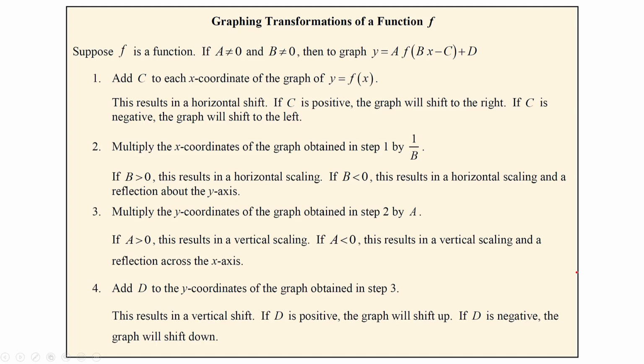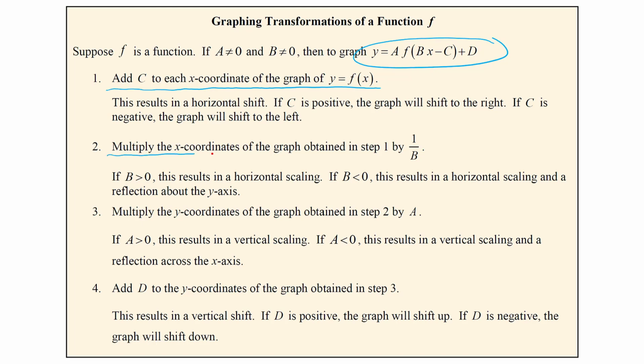Graphing transformations of a function f. This is a set of steps here for graphing transformations. We did just fine on the graph that we just did when we have a combination of transformations to do. But sometimes these steps here are very helpful. If we look at the function we want to graph as being y equals af(bx - c) + d, if we can identify a, b, c, and d, the first step here is to add c to each x coordinate on the original graph of y equals f(x).